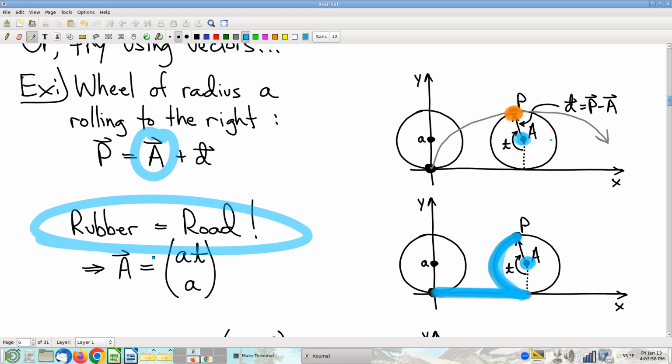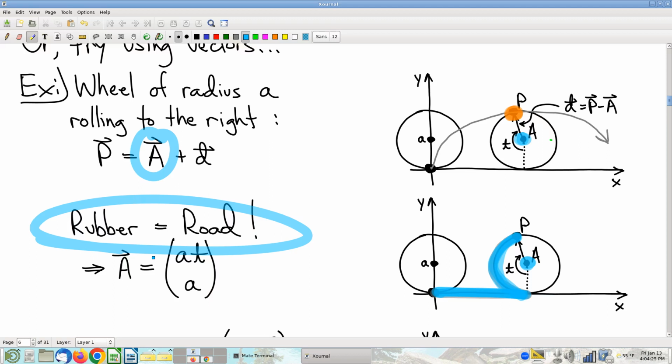So if you have a wheel that's rolling along the road, the idea is that if it's not slipping, then as the wheel goes along the road, everywhere it makes contact, the amount of rubber and the amount of road line up there.